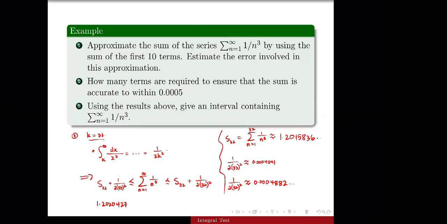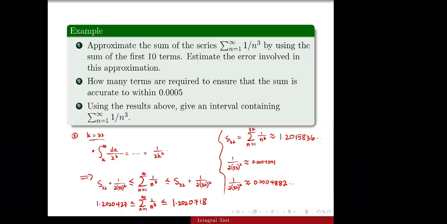So it says that this sum here, the sum from 1 up to plus infinity of 1 over n cubed, will be greater than or equal to this guy here. But it is less than or equal to 1.2020718.